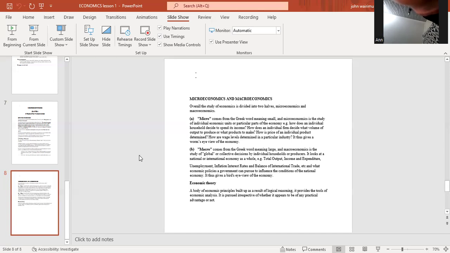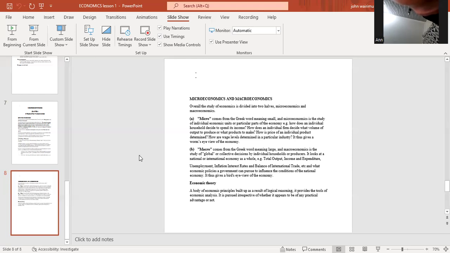How are wage levels determined in a particular industry? This gives a worm's eye view of the economy. So when you're talking about microeconomics, we are talking of the economics of an individual, whether an individual company, individual community, individual, something small in nature.